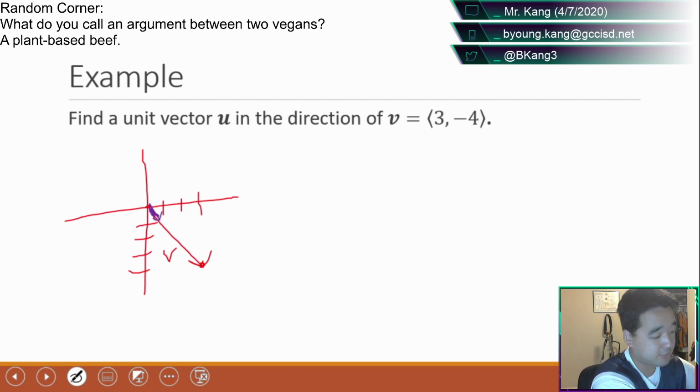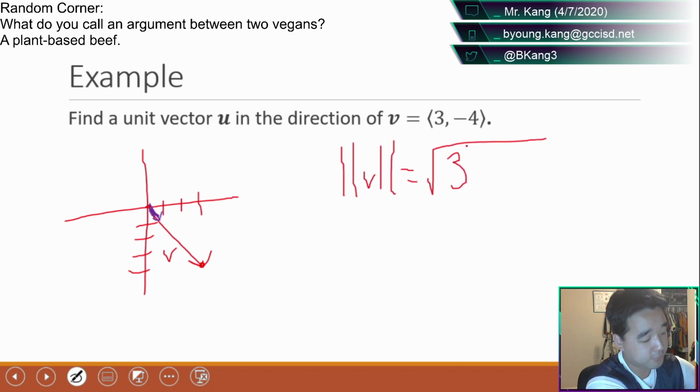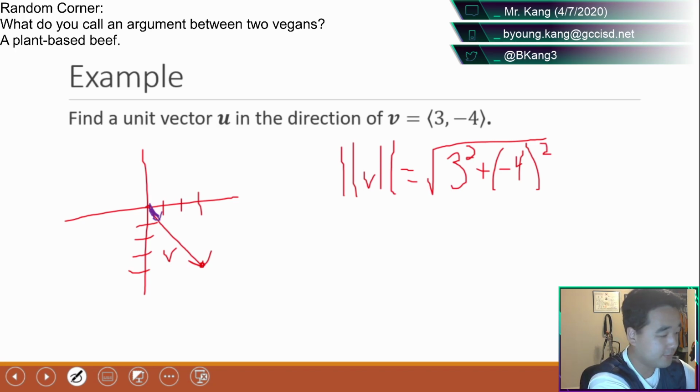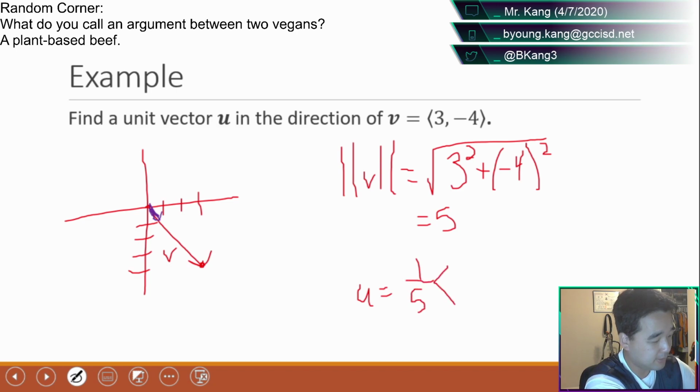So I need to find the magnitude of v here. Luckily, we have a Pythagorean triple here, because this is a 3, 4, 5 triangle. So the magnitude is 5. So the unit vector u is going to be 1/5 times v. So it's going to be 3/5, comma, -4/5.